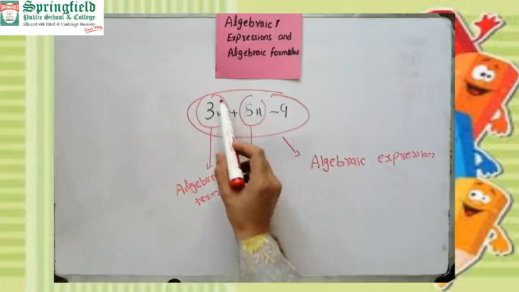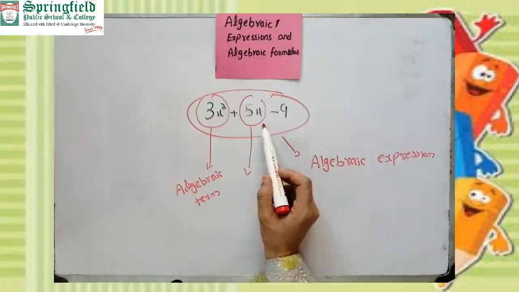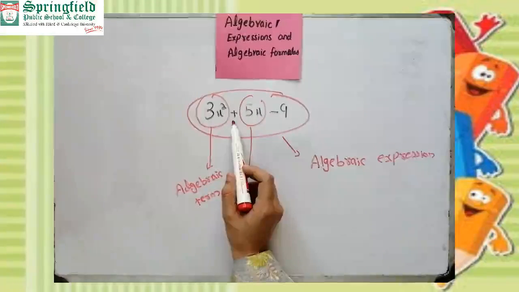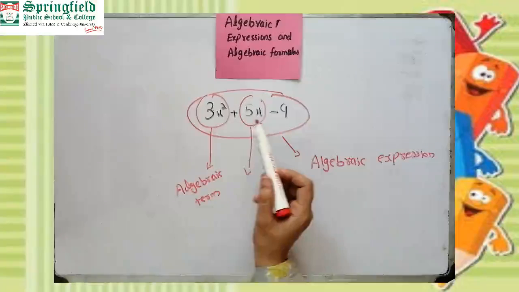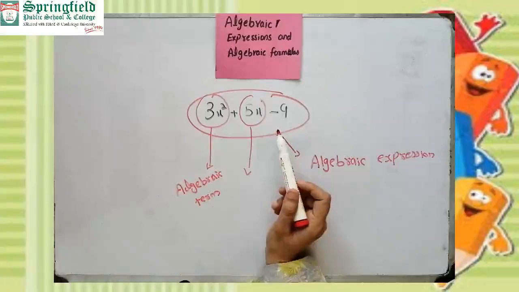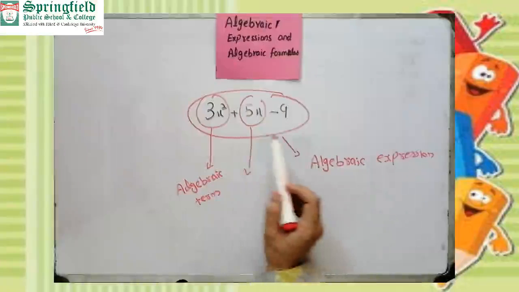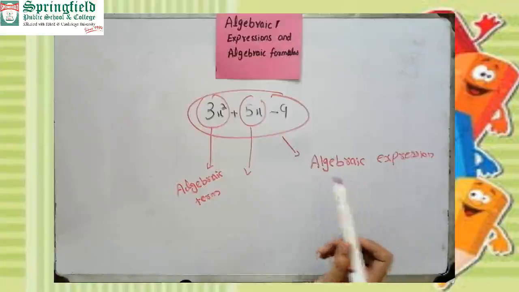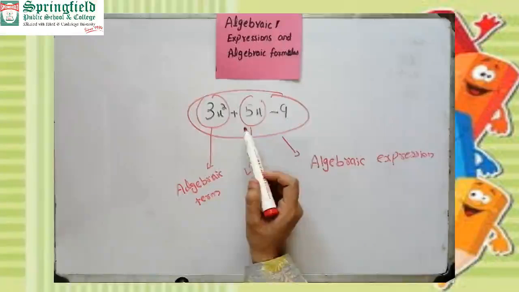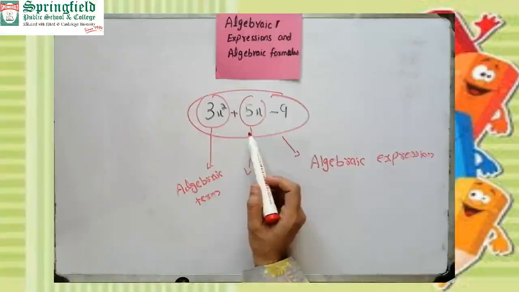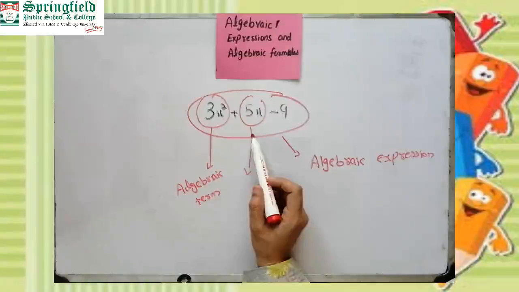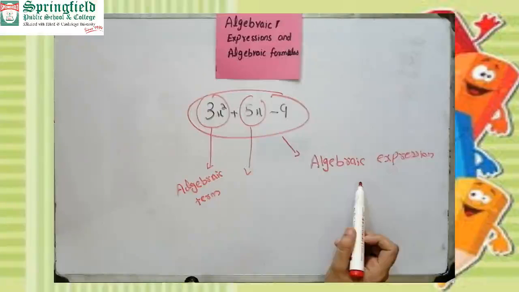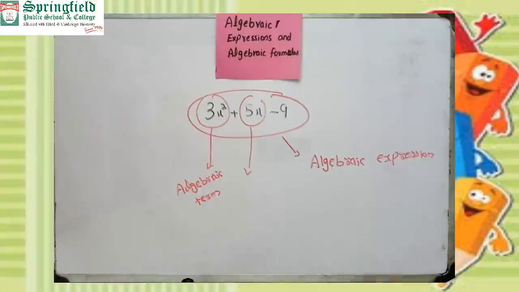Simply, when more than one algebraic term is joined with another with the help of different operations, addition, subtraction, multiplication or division, that expression is called an algebraic expression. Understood, beta?